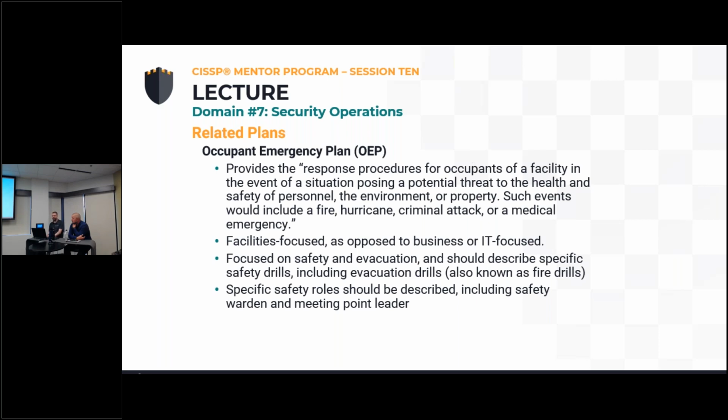So you need to have drills around that. Yeah, the fire drill is a really good one, right? So when you're doing the fire drill, somebody's supposed to walk around. That's the warden, right? Yeah, the safety warden walks around, makes sure during a drill that everybody is evacuated, and then you have the meeting point leader. They're responsible for taking attendance and making sure everybody who's supposed to be there is there.